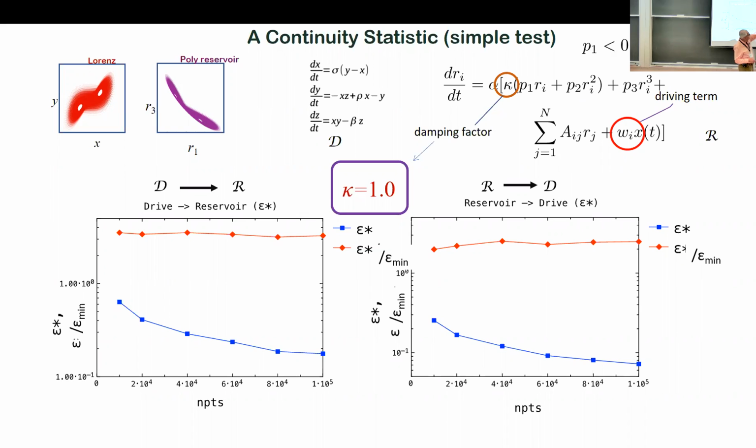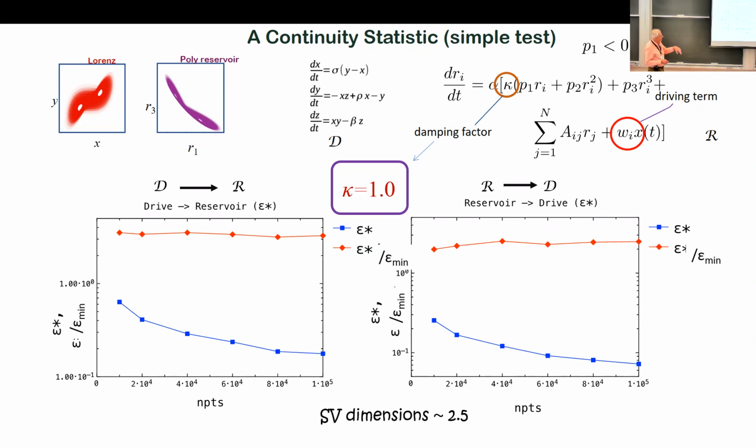The other way around, reservoir to drive, we get the same thing in this situation, which is good because we are able to reproduce the y and z out of this system. This strongly suggests that there's evidence for a continuous function and an inverse back onto the drive system.